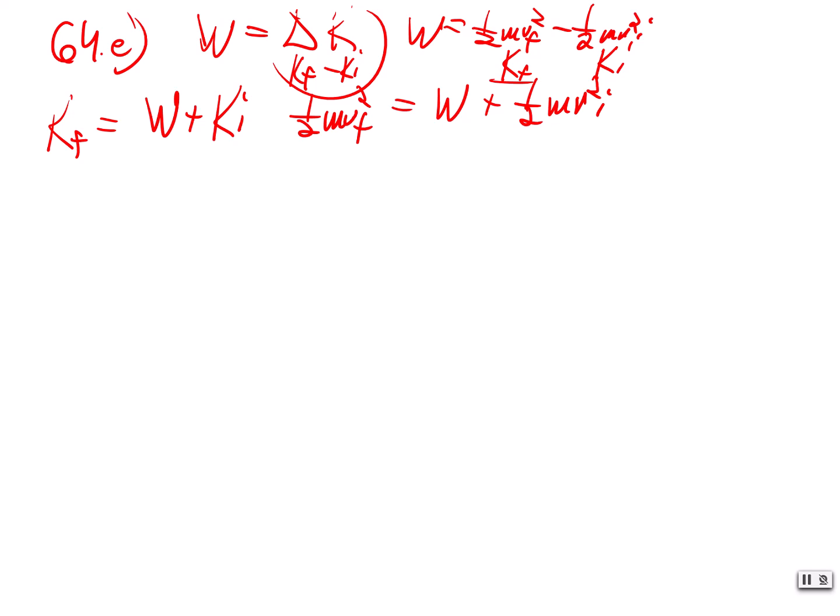Hopefully everybody is. So let's just keep doing some substituting here, and let's do our equation. Now, we found that the work was 16 point what? There's a couple of different ways you could actually do this.